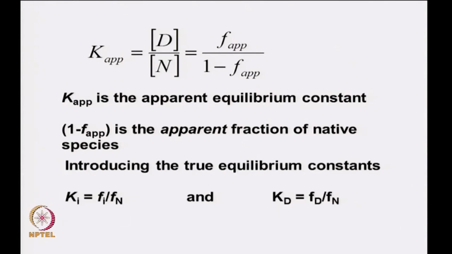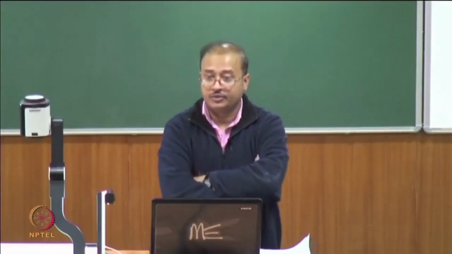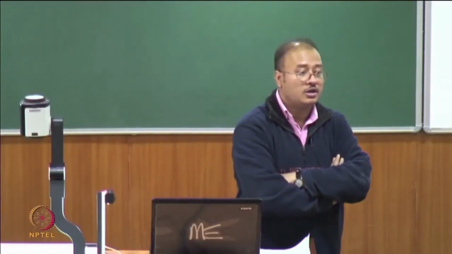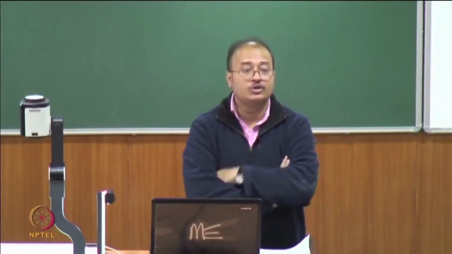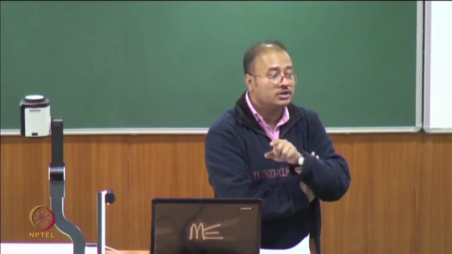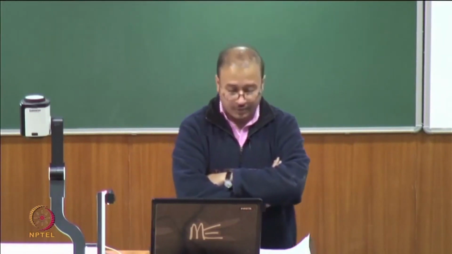Now, what you do is, you introduce true equilibrium constants. What do you mean by true equilibrium constants? If you have an equilibrium between the native state and intermediate I 1, say, then the equilibrium constant between them is equal to the concentration of I 1 divided by the concentration of N, right.